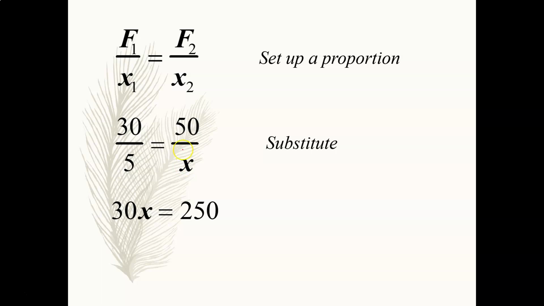So we cross multiply: 30x equals 250, so x equals 8 1/3. So here, guys, when you don't need to find the constant of variation, we can go directly to proportion so that we can find the unknown variable.